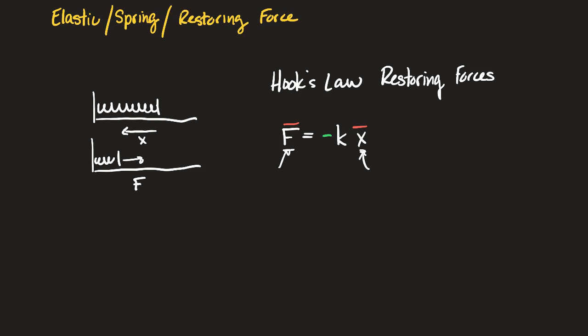This negative sign is to remind you that if you compress the spring to the left, the force from the spring will be to the right. And if you pulled out the spring to the right, the force from the spring would be to the left. That's what makes this a restoring force. The force is in opposition to the displacement.